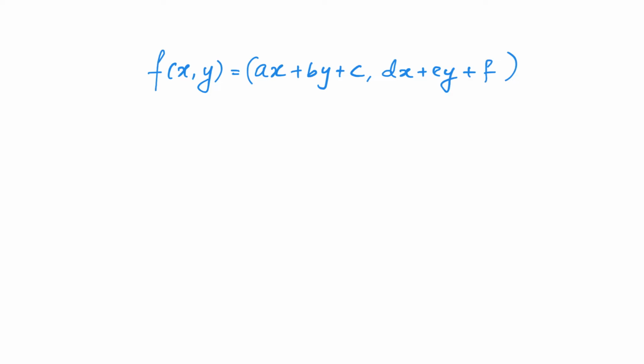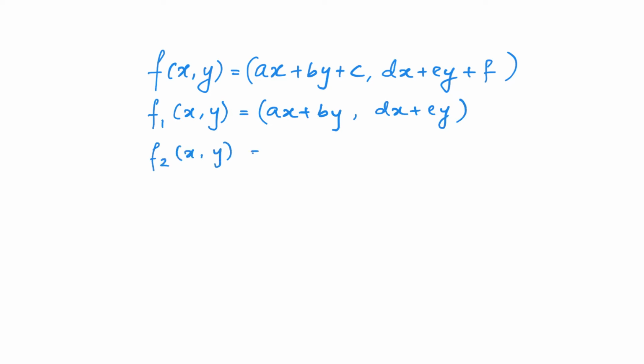To see this, we note that f can be written as a composition of two functions, namely f1(x, y) equal to (ax + by, dx + ey), and f2(x, y) equal to (x + c, y + f). Notice that if f1 and f2 are as given, then f is equal to f2 composed with f1.